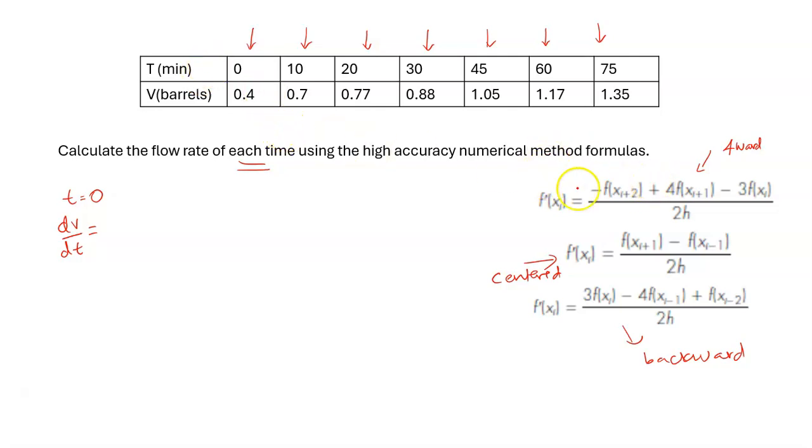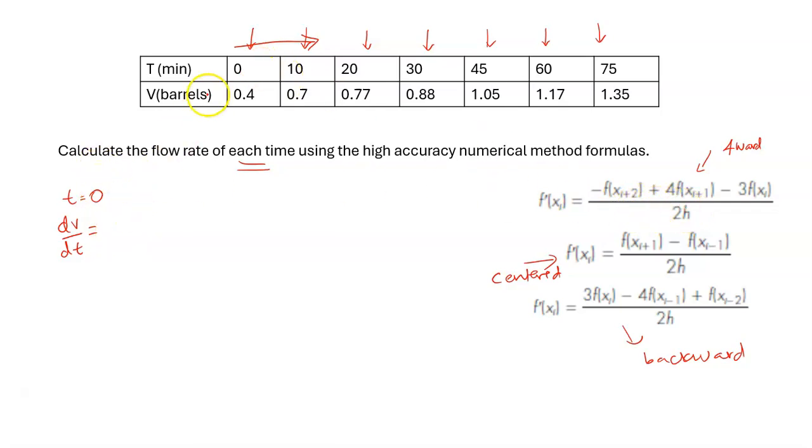It's definitely forward, because you have all the data after t. Here you cannot use centered because you don't have the backward data, and you cannot use backward. You don't have the data before 0.